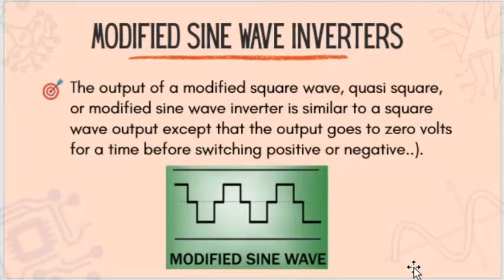The output of a modified square wave, quasi-square, or modified sine wave inverter is similar to a square wave output except that the output goes to 0 volts for a time before switching positive or negative. So this is the wave of a modified sine wave.